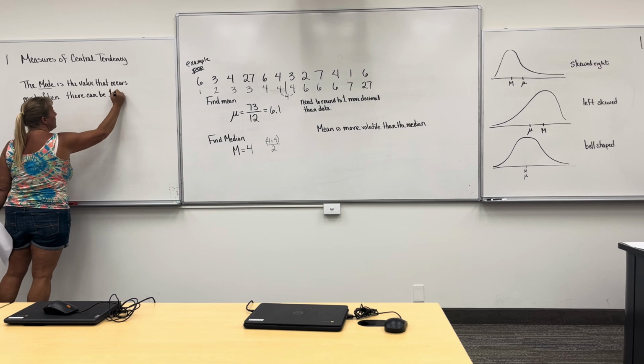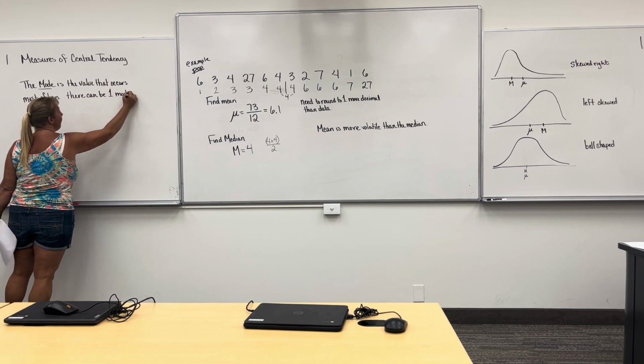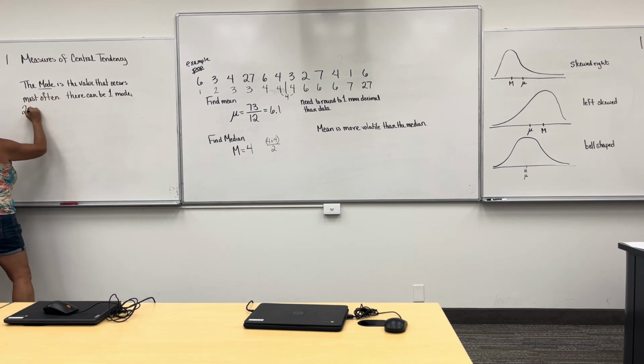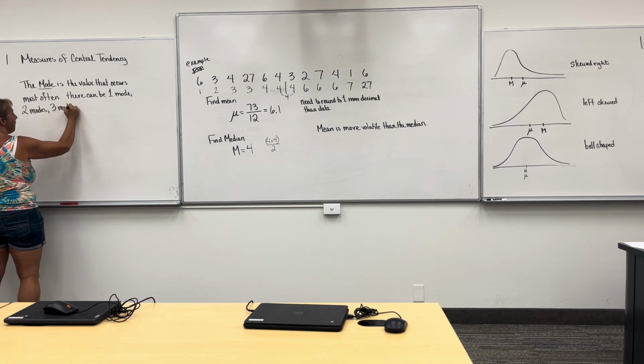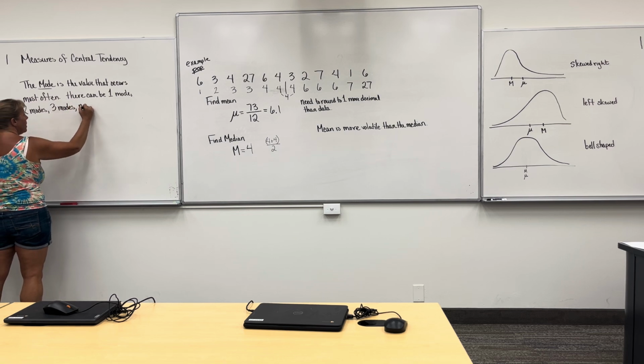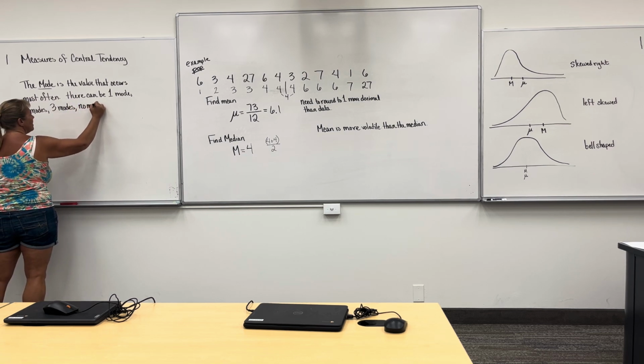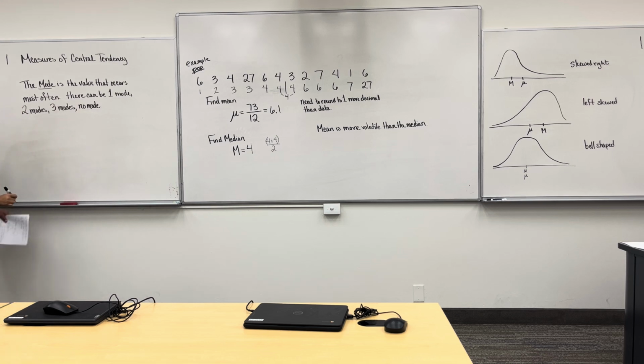There can be one mode, two modes, three modes, no mode. So the mode is not necessarily the most helpful guy, okay? Because sometimes there's a mode, sometimes there's not even a mode. But what we're looking for is the guy that occurs most often.